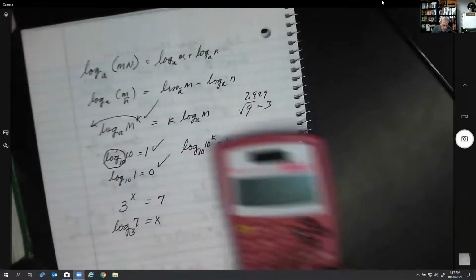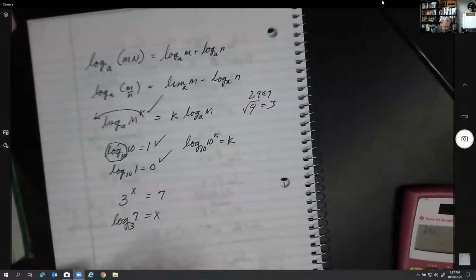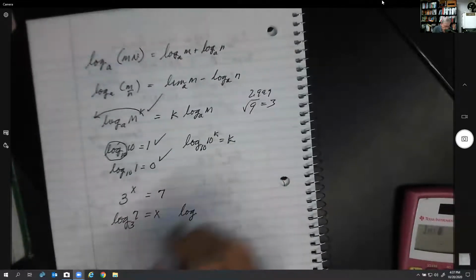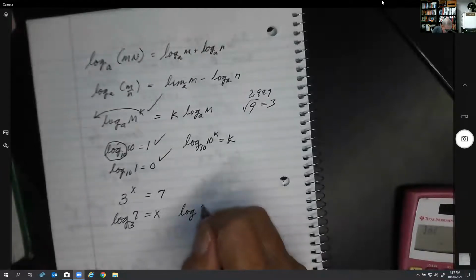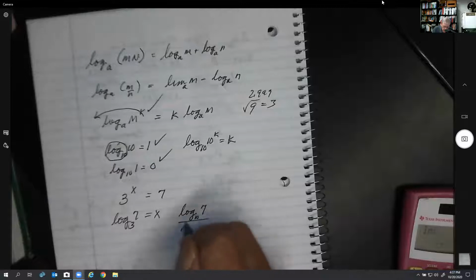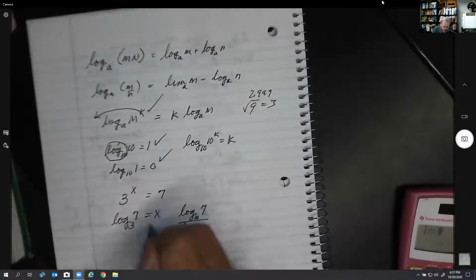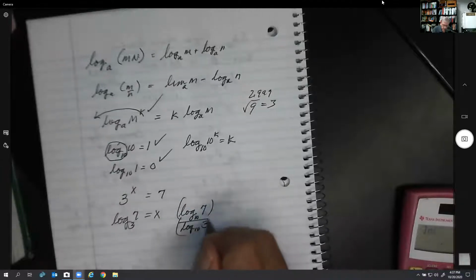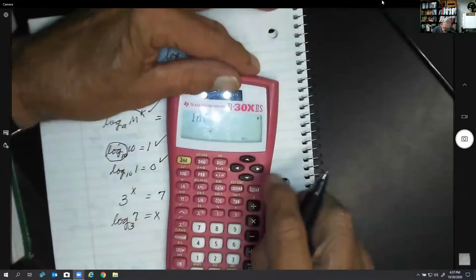So what do we do? Okay, well, this is where this one comes in. It's the log of the number, and this would be in base 10, divided by the log of the base. But we want to make sure we put those in parentheses, okay?